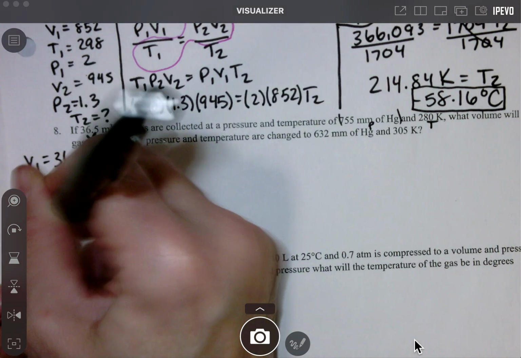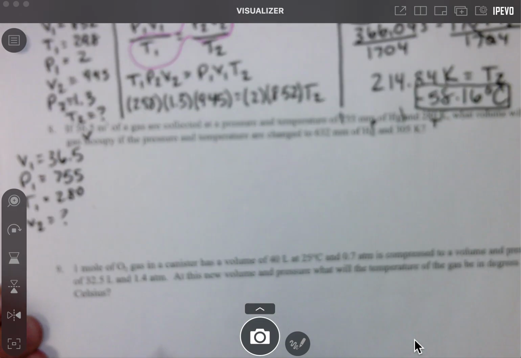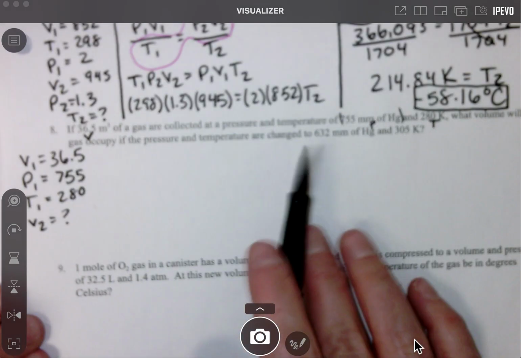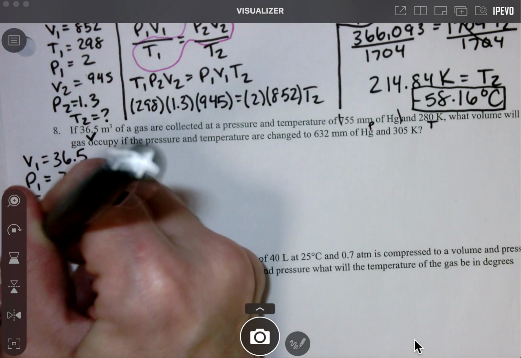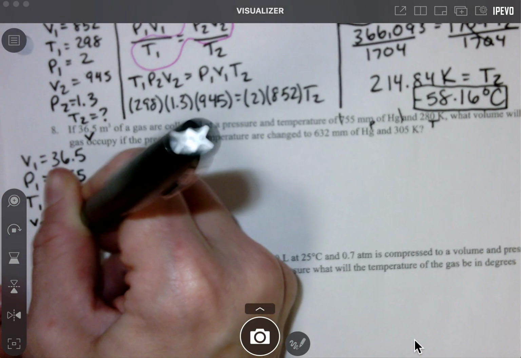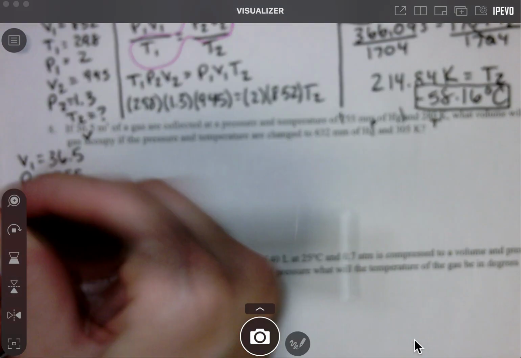We're asked what volume, so I don't know my final volume. My final pressure is 632. And my final temperature is 305.